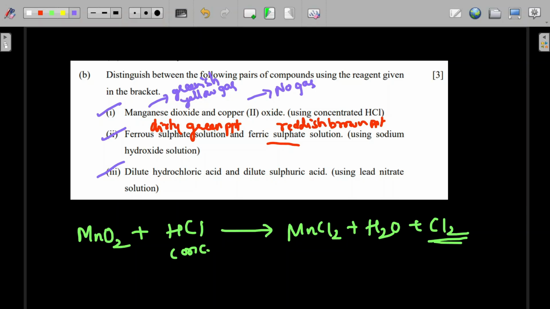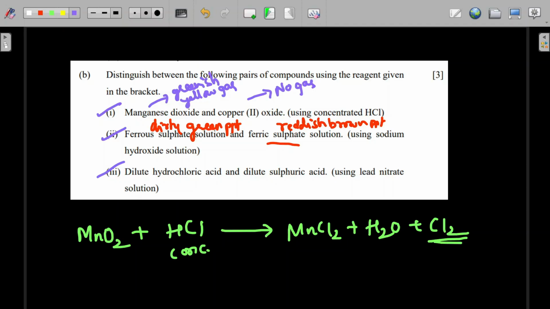Dilute HCl forms a white precipitate of lead chloride, which is soluble in hot water, and then dilute H2SO4 forms a white precipitate of lead sulfate, which is insoluble in hot water. Very good.